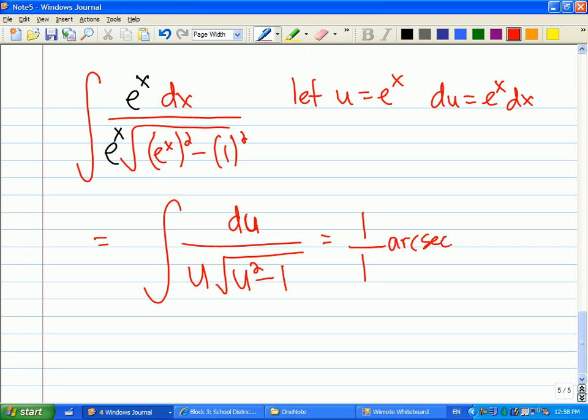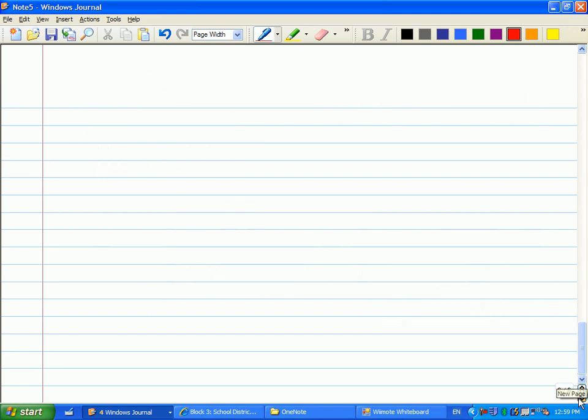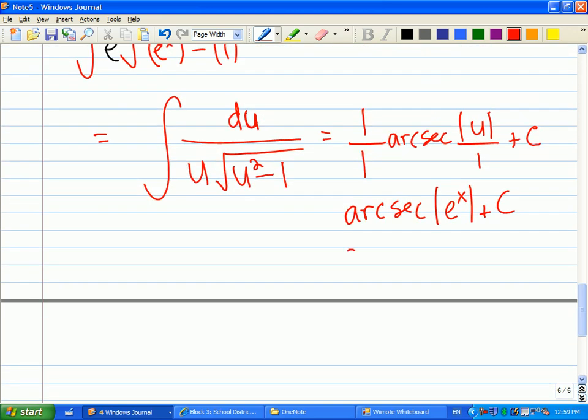Arc secant, absolute value of u over 1. So this would be arc secant of e to the x. And of course, we can even simplify that a little more. What we could do is get rid of those absolute value signs, because e to the x is always positive. So that would be the best answer we could offer for this question.